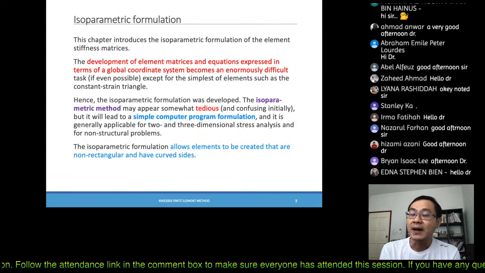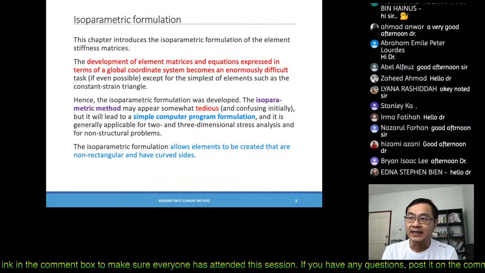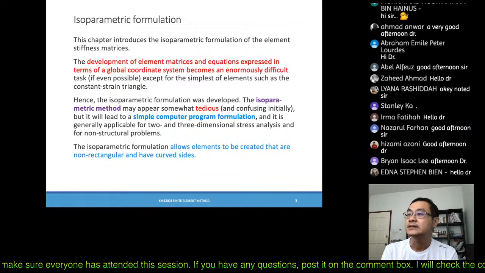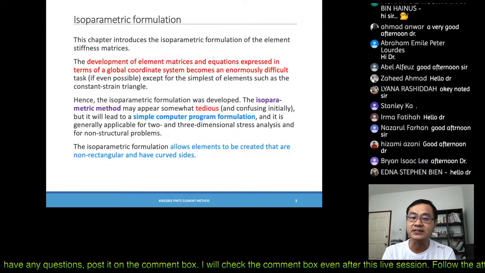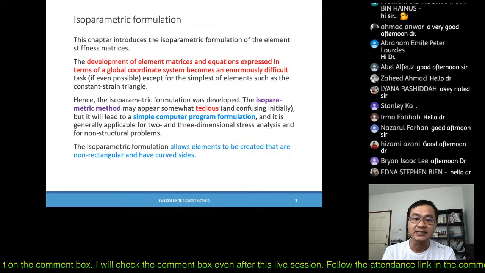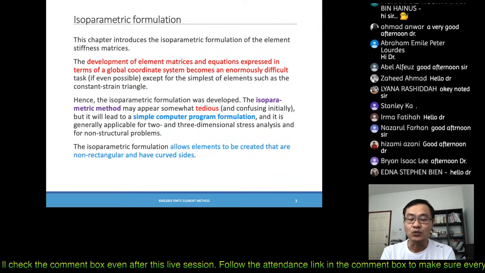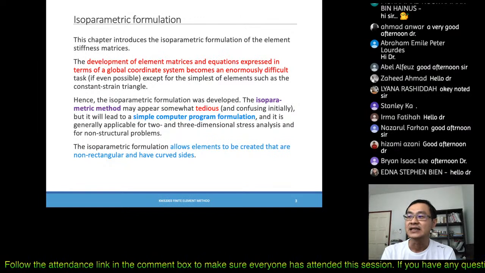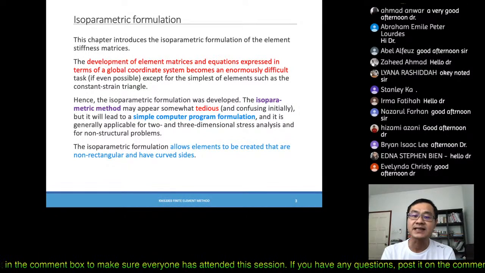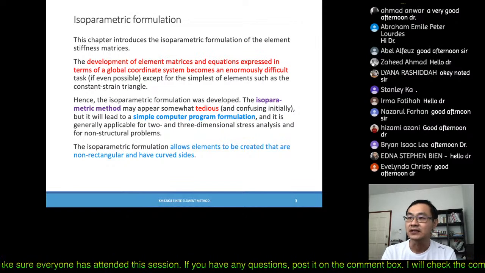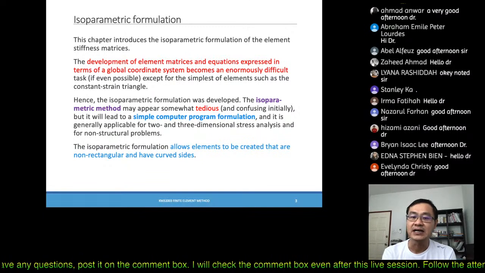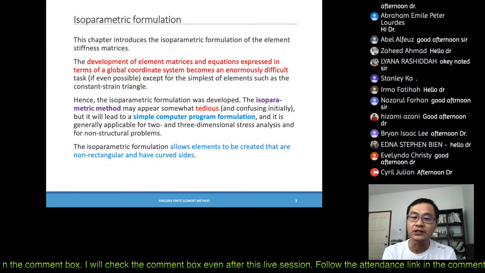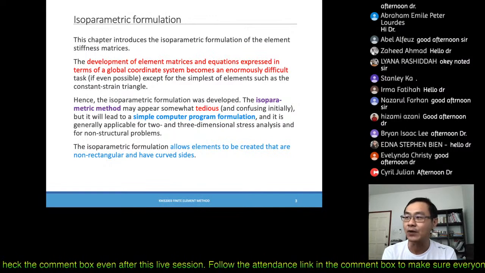So what is the isoparametric formulation and why do we need it? As we can see, the development of the element matrix and equation expressed in terms of the global coordinate system is quite easy, but when it becomes large, for a more complex element, it becomes difficult. Therefore this isoparametric formulation was developed to solve this problem when we deal with more complex types of elements.